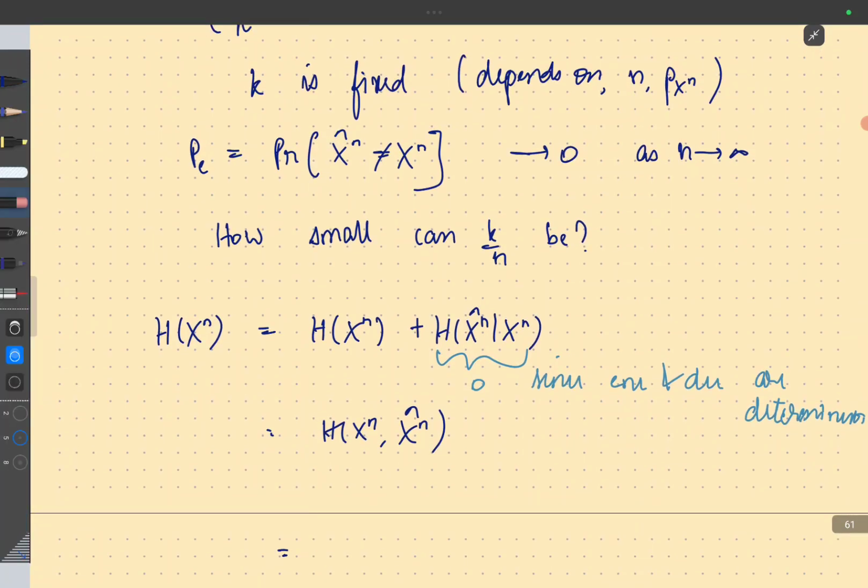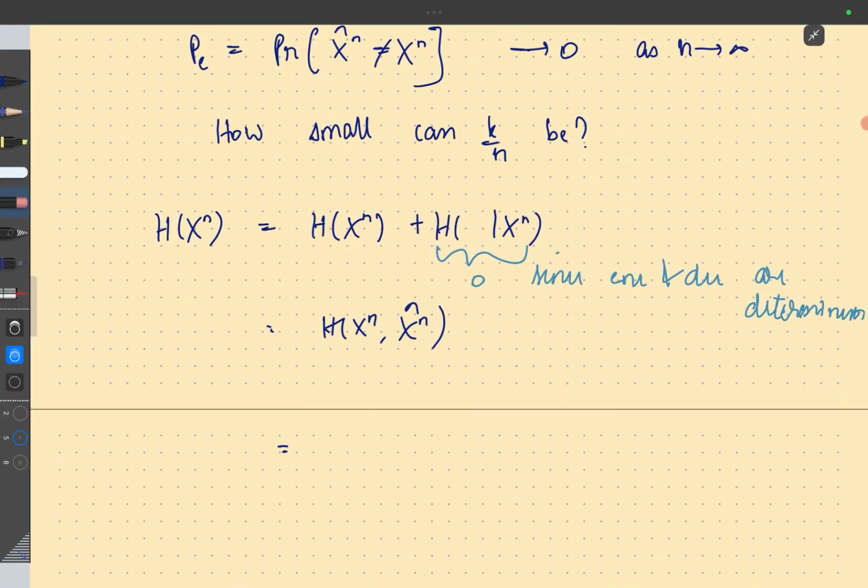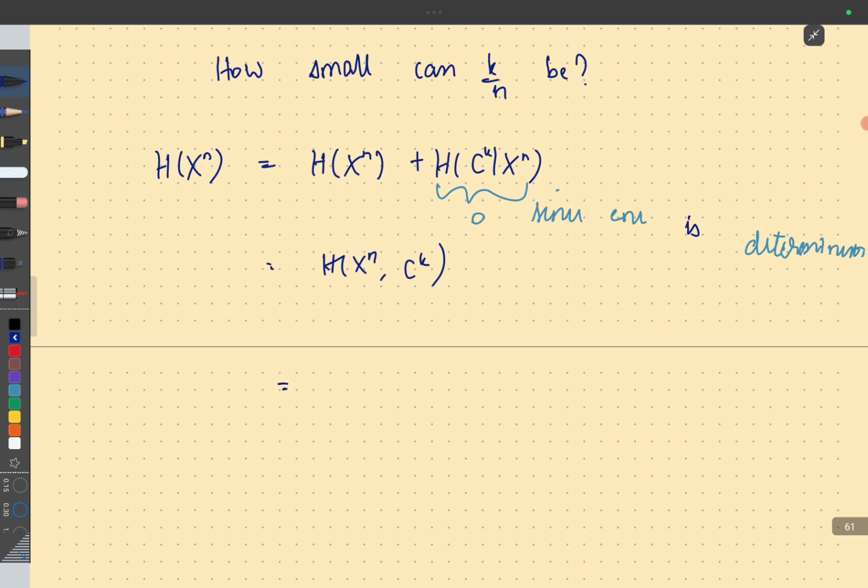Okay, maybe I should have done it a little bit differently. Instead of bringing in xn hat, I'm going to bring in ck. Same idea follows. Right? Ck is a deterministic function of xn, so the entropy of ck given xn is equal to 0.